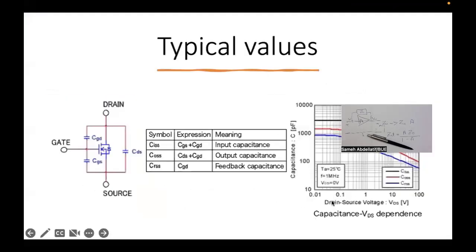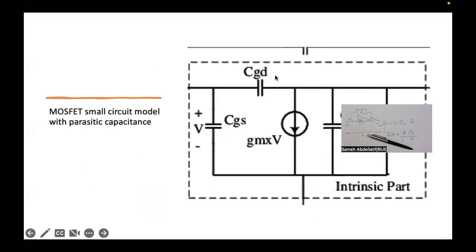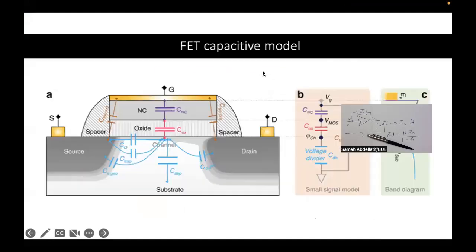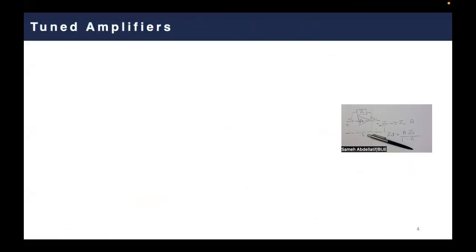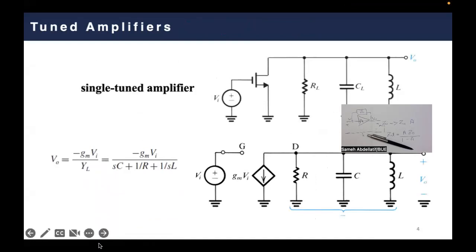So when you have this CGD, you can simply go to your standard small signal circuit model, which is this one. And then the CGD here, let me use the annotation again. This CGD is going to be divided into two capacitors.